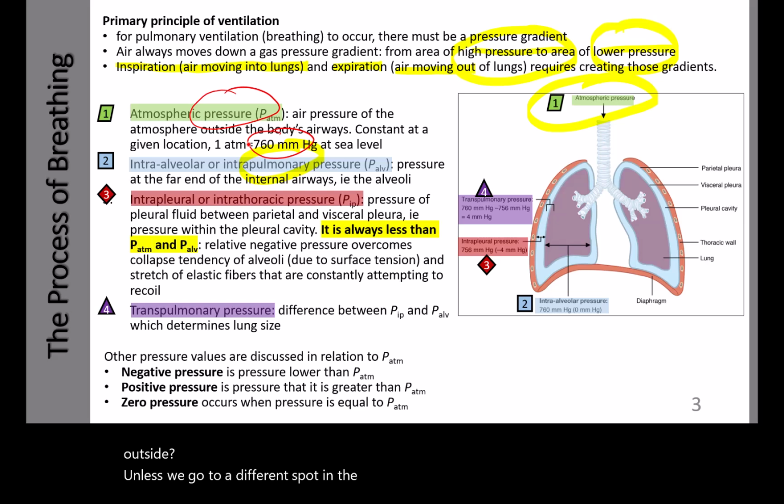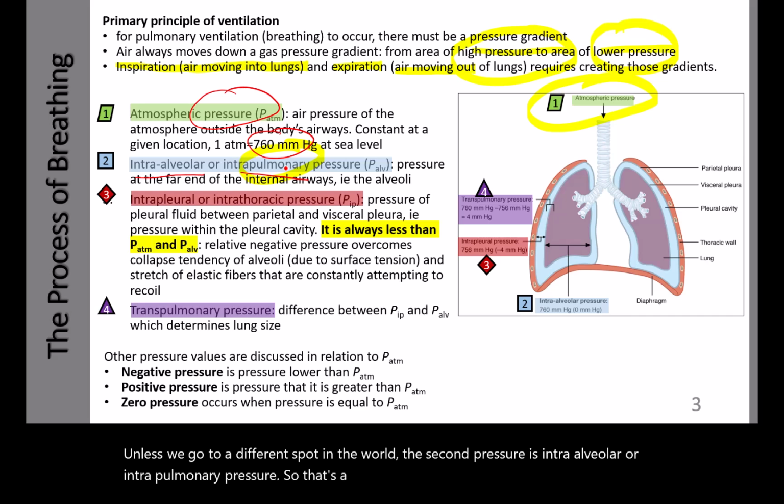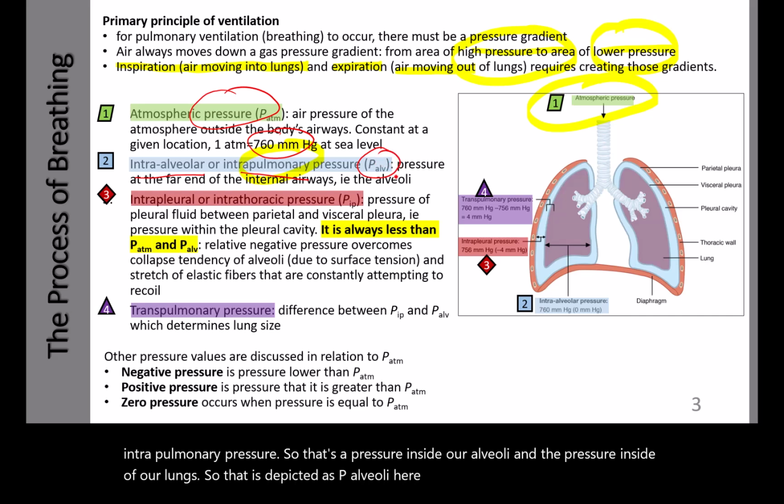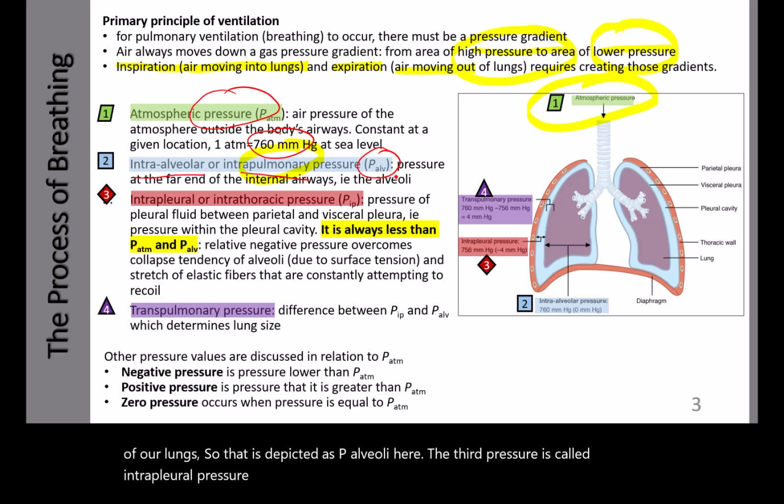The second pressure is intraalveolar or intrapulmonary pressure. That's the pressure inside our alveoli and inside of our lungs. That is depicted as P alveoli here. The third pressure is called intrapleural pressure or intrathoracic pressure. You remember the pleura is the 2 membranes.